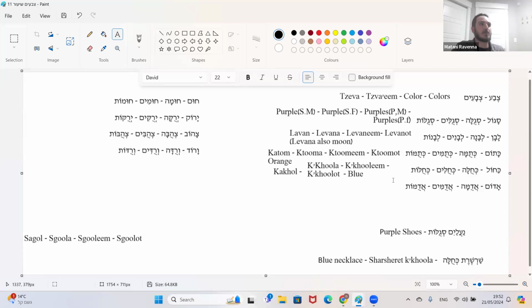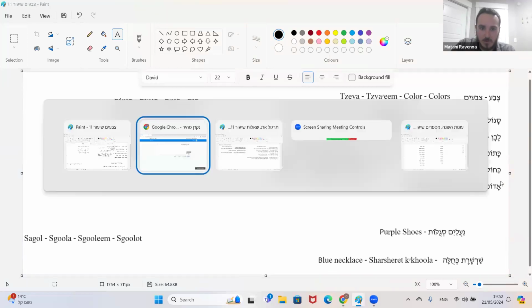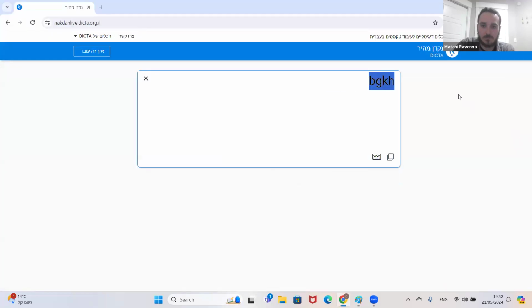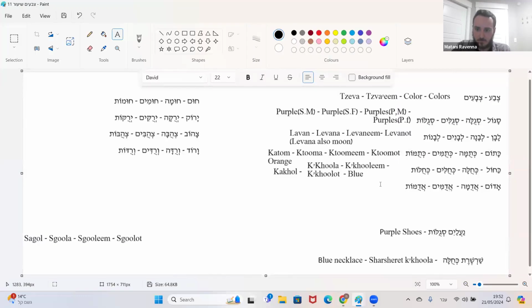Let's see if I can think of an immediate example. Well, shoes are easy, so let's go with shoes. Na'alaim adumot. There.